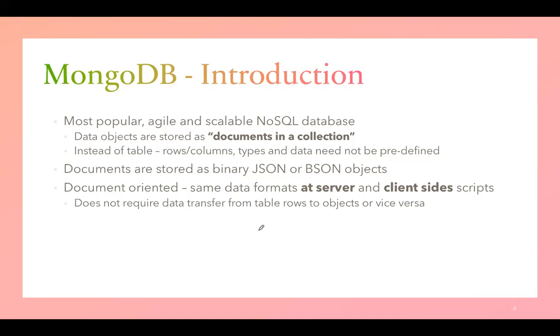So that helps you to represent this data not only in JavaScript type format, but also if you want to connect that database with some web server, and the web server is also built using JavaScript. So that allows you to have a seamless transition between your database server and the web server. Okay, because it doesn't require the data transfer from table rows and objects, right?